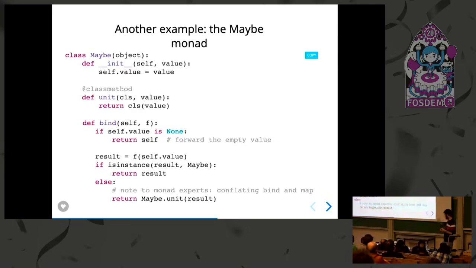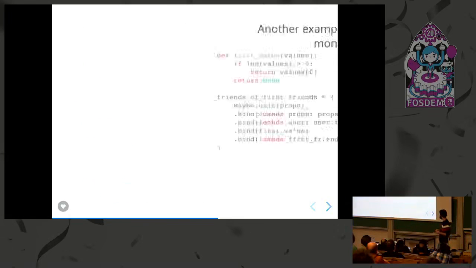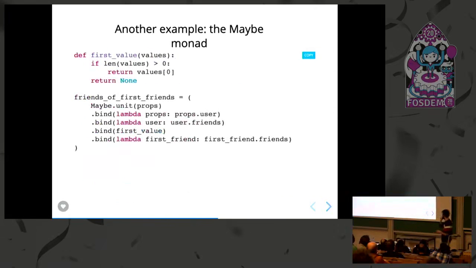So a small note for our monad experts: here I'm just conflating bind and map. And we can rewrite our previous example with the bind method this way. We just take the initial value props and wrap it into the maybe constructor and apply successive binds on it.